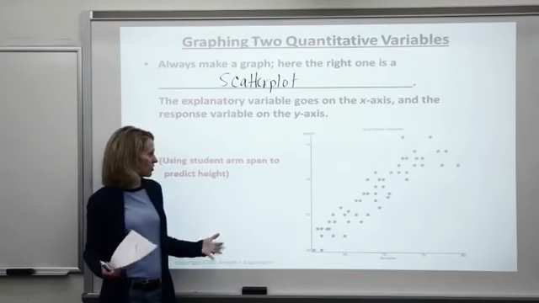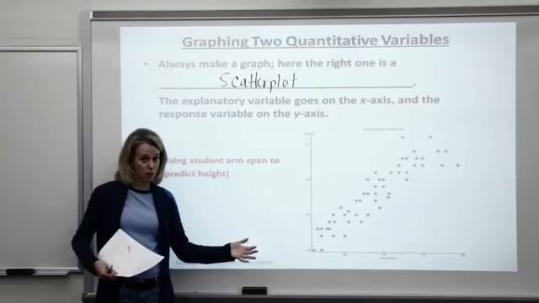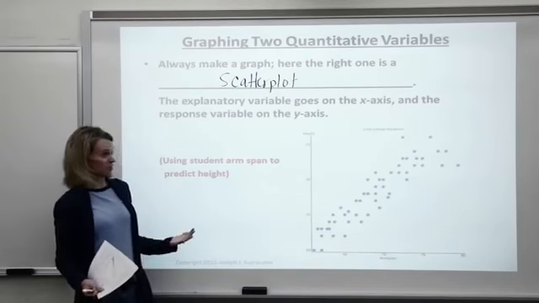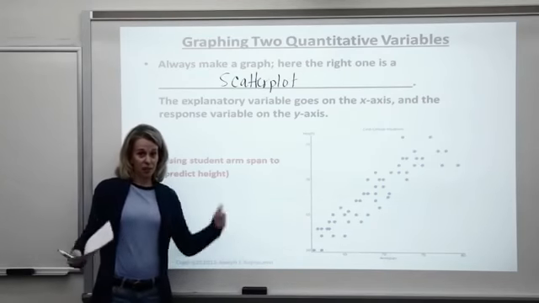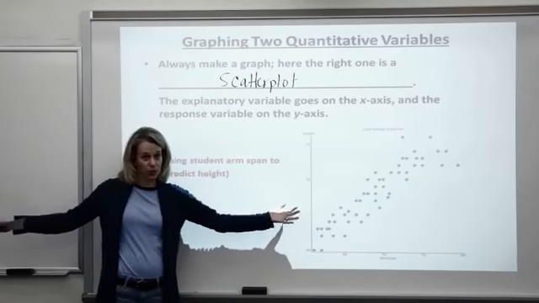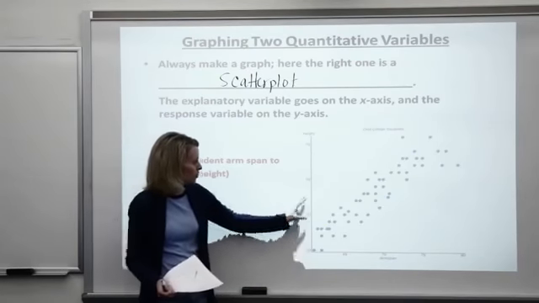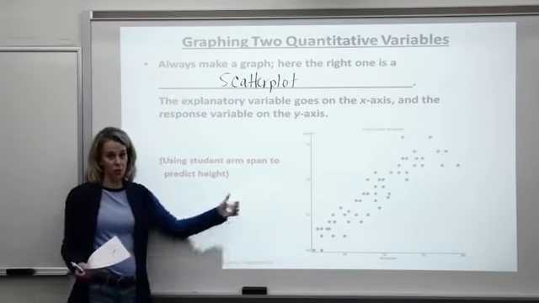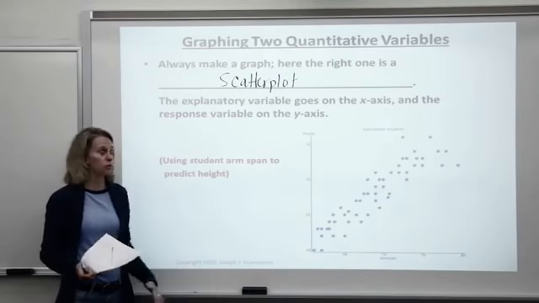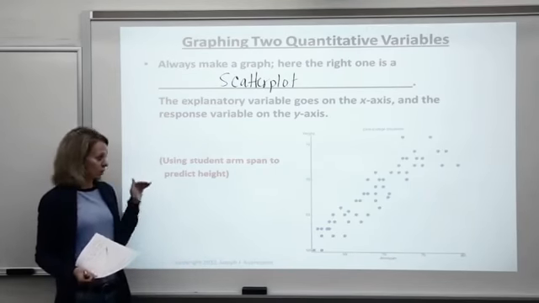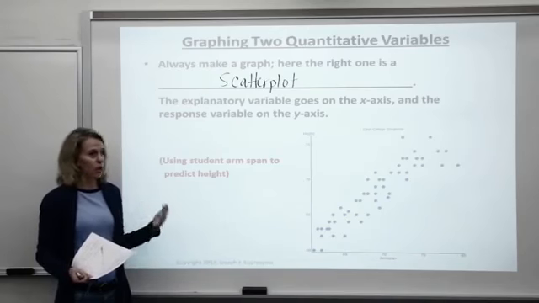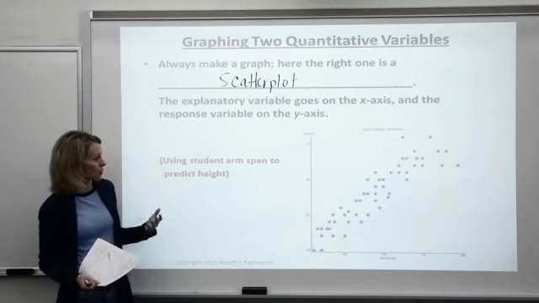However, if we just said explore the relationship between arm span and height, you really could say, I'm going to use the height of a person to help predict or explain their arm span. So if it wasn't specified in this way, you could almost flip those variables around. In most examples, there's a particular variable that you're using to help explain or predict the other variable.